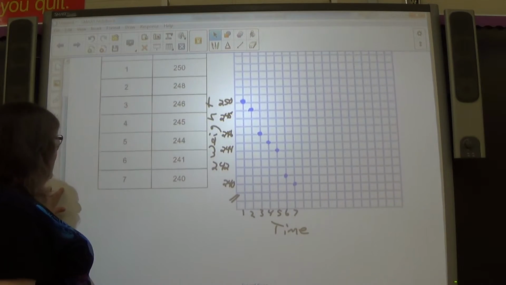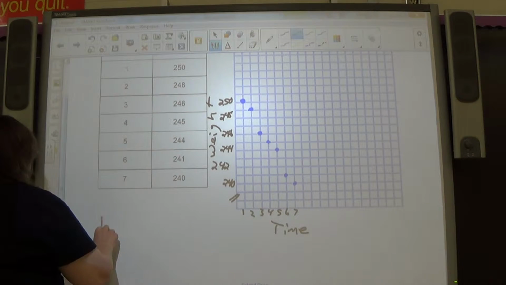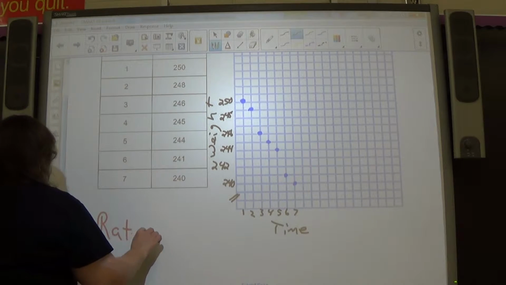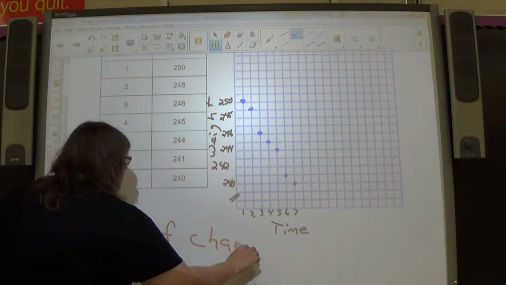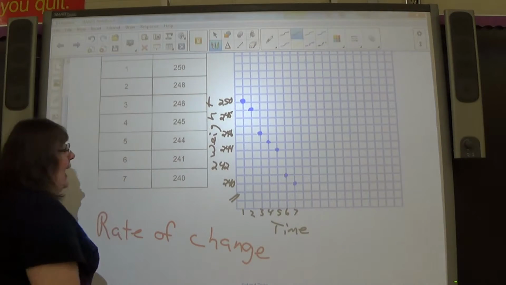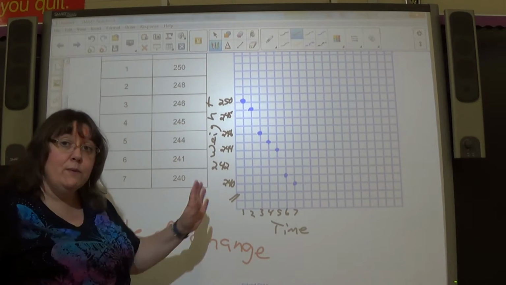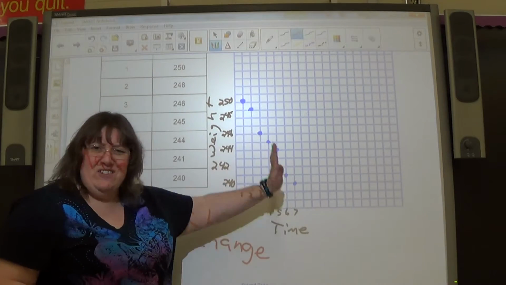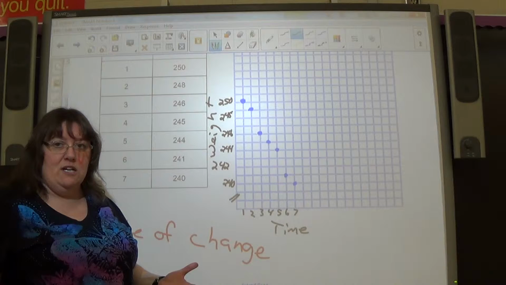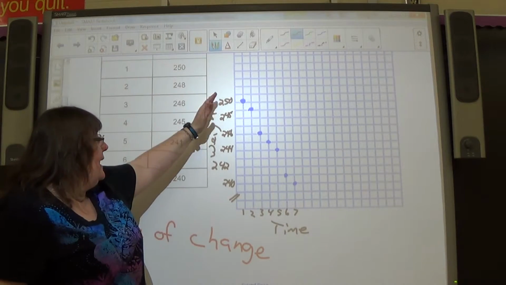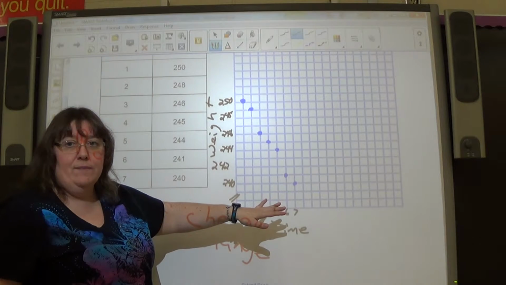Now, when we're talking about a rate of change, we're looking at how do we move on this graph, okay? Normally we would do slope, but as you can see, we don't have exactly a straight line here. But we can find the average rate of change through looking at how to make these work out, okay?